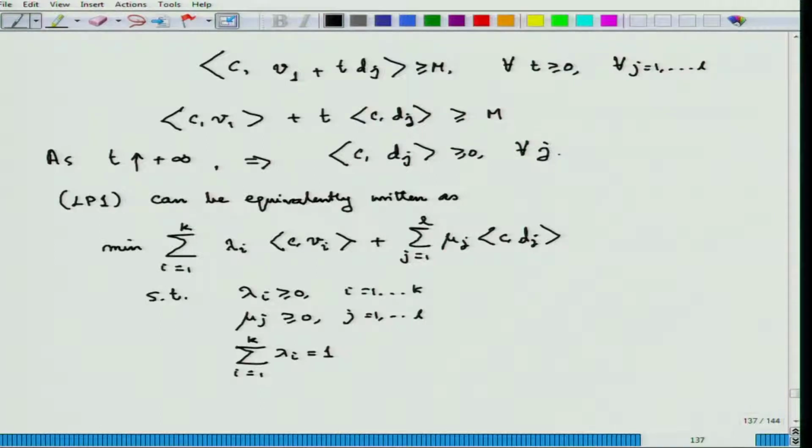So, the problem LP1 can be equivalently written like this.